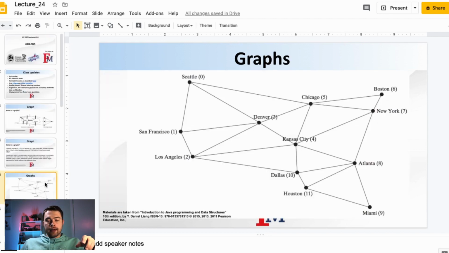The last thing I mentioned here is something called a weighted graph. A weighted graph is something like this. For example, San Fran and Los Angeles. Let's take a look at this edge. It's pretty short, and this one over here. What's the distance between San Fran and Seattle? It's much longer. In an unweighted graph, each edge either exists or doesn't exist.